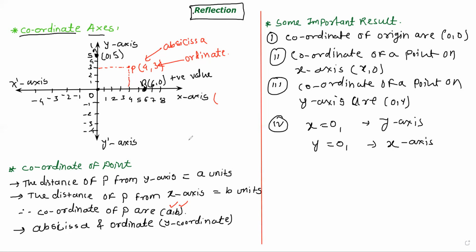Final point, the fifth point: if the line is x equals a, that means this line is parallel to the y-axis at a distance a from it.